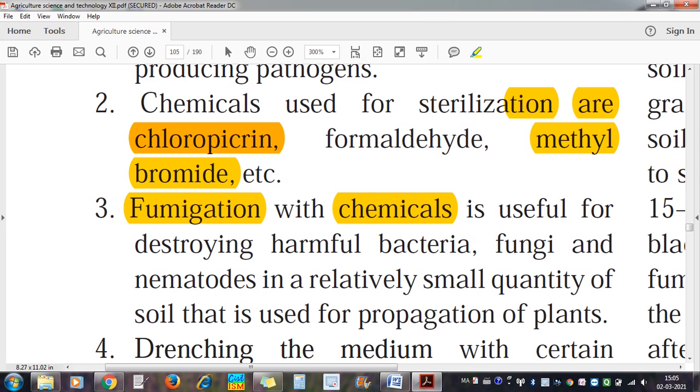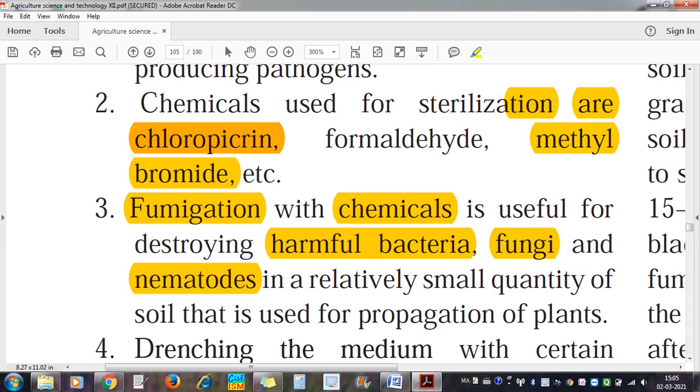Thousands of harmful bacteria are there, as well as fungi or nematodes. They are to be controlled, otherwise they will damage the seedlings. In some areas there is an infestation of nematodes, so that is also to be controlled.